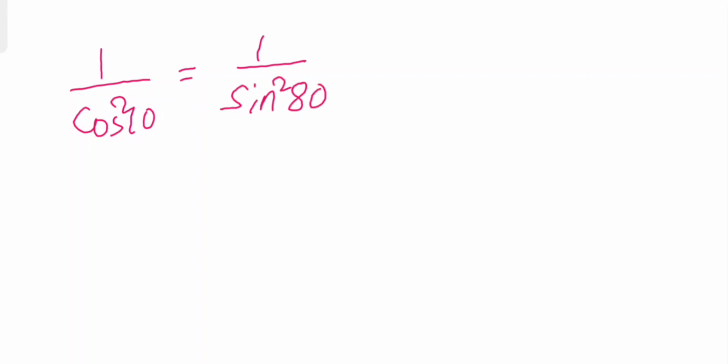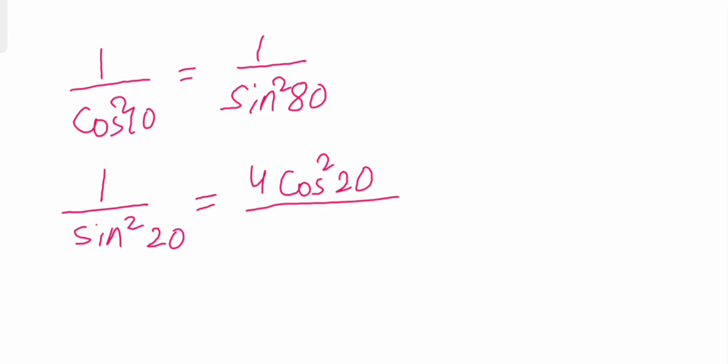First I can write 1 by cos square 10 as 1 by sin square 80 using the 90 minus theta formula, and the same way I can write 1 by sin square 20 as 4 cos square 20 by sin square 40 using the sin 2 theta formula.